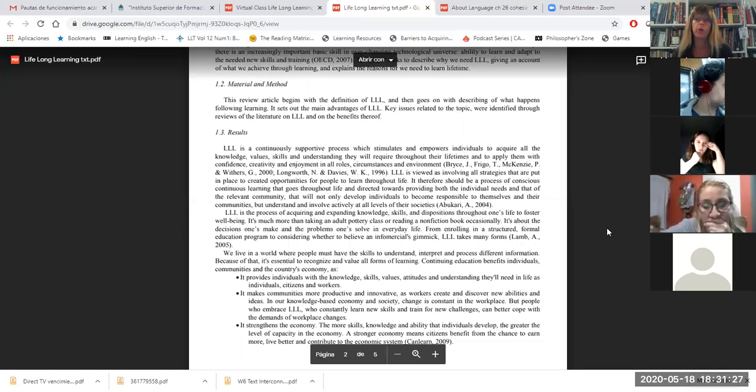But what is that positive attitude? Why do they think that lifelong learning has a lot of benefits? Because they have said it is beneficial to have a richer and full life. Okay? Any other?